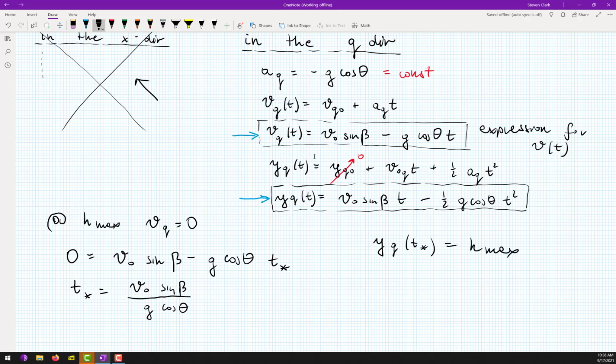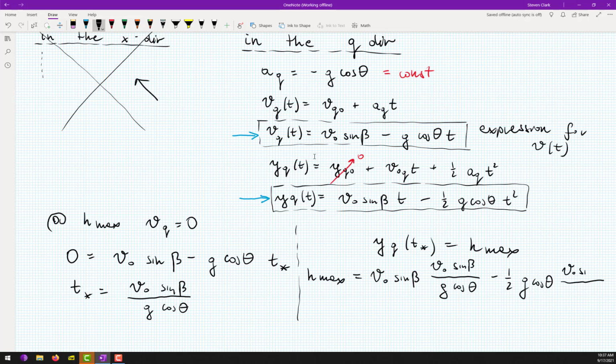So h max is equal to v0 sine beta times v0 sine beta over g cosine theta, minus 1/2 g cosine theta times the same thing squared. Okay, let's simplify.